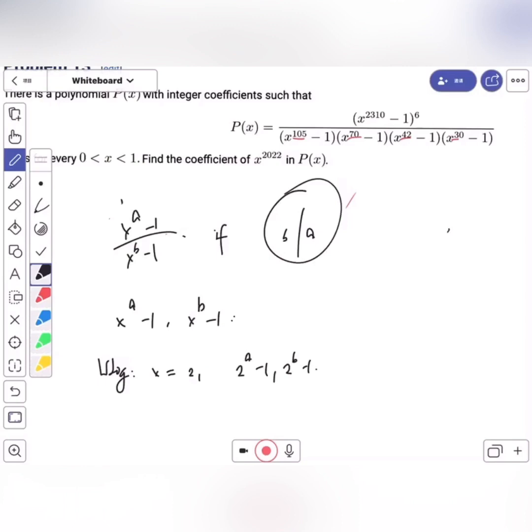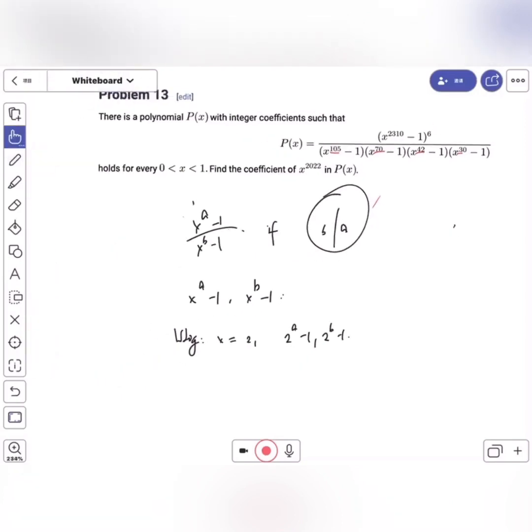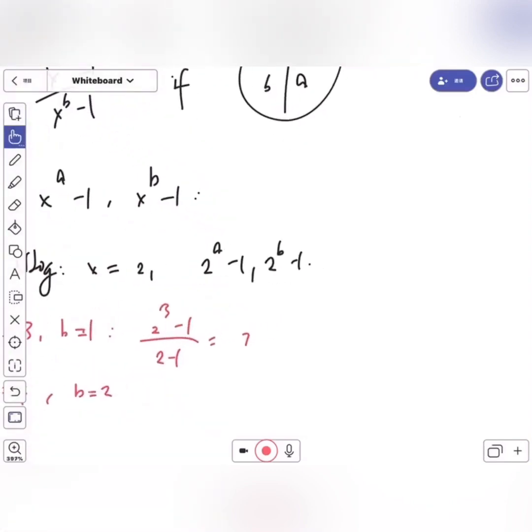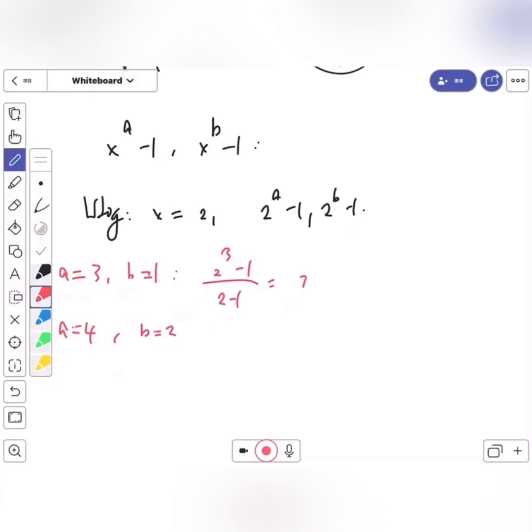If a is equal to 3 and b is equal to 1, then this is obviously true, since 2^3 minus 1 over 2 minus 1 is equal to 7. What if a is equal to 4 and b is equal to 2? 4 is obviously a multiple of 2. So this gives us 2^4 minus 1 over 2^2 minus 1, which is 15 over 3, and that is equal to 5.